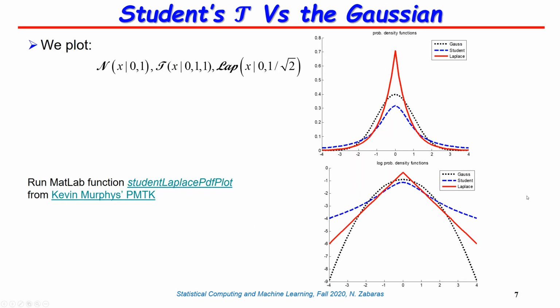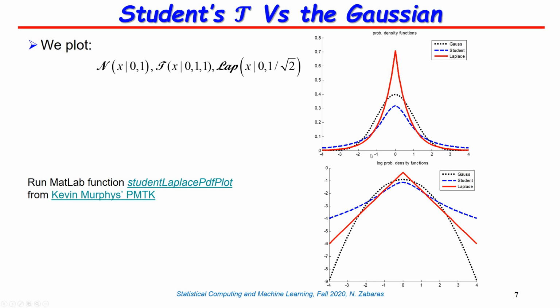Okay, now let me just plot this student T distribution and try to compare it with the univariate Gaussian. This is this black dotted curve, and also the Laplace distribution that we will see in a slide or two.